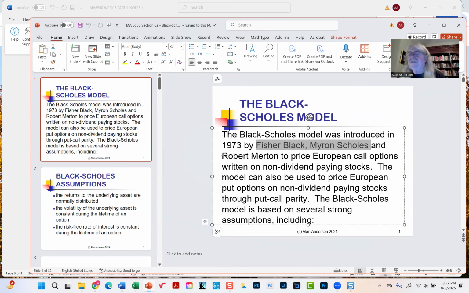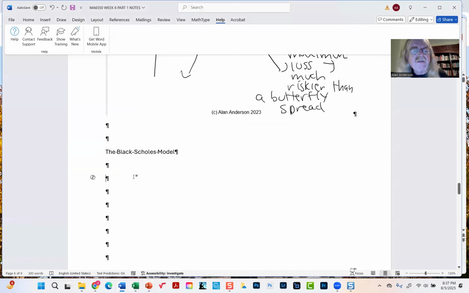The Black-Scholes model was based on a new branch of mathematics that literally came out in the late 50s, called stochastic calculus.